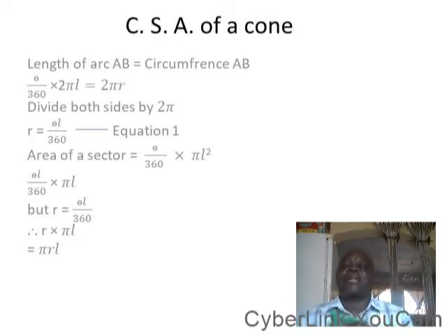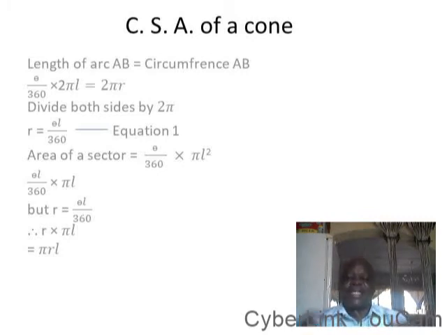Now this is a circular surface. This time it is no more an arc, rather it is a circumference. And you know that the length of a circumference is what? 2 pi r. Now with this formula, when you divide both sides of the equation, you have r equals theta l over 360. Call that equation 1.